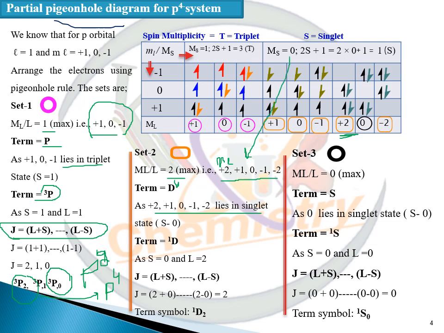So the term will be singlet D. If you want to go for the J value, just put L is equal to 2 and S is equal to 0. You will get singlet D2.